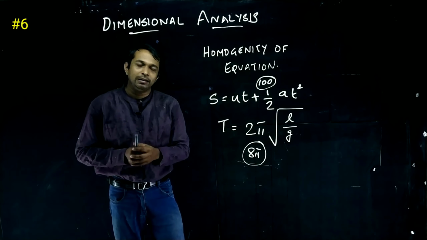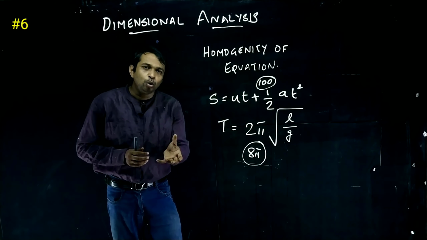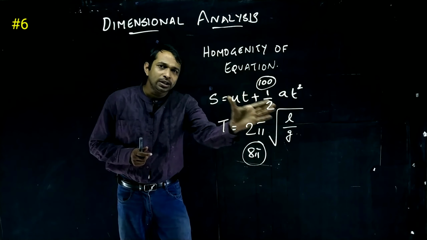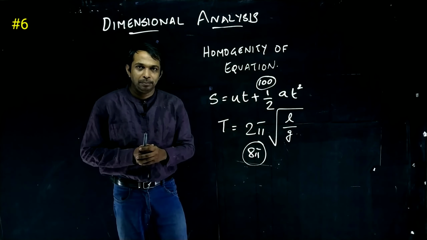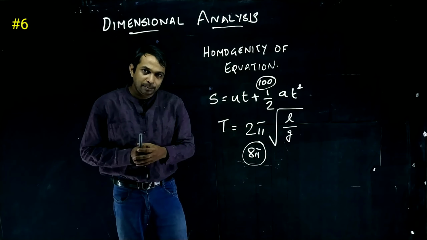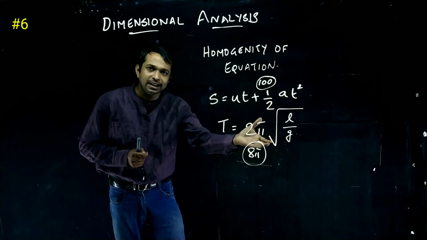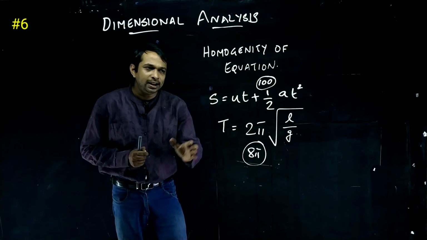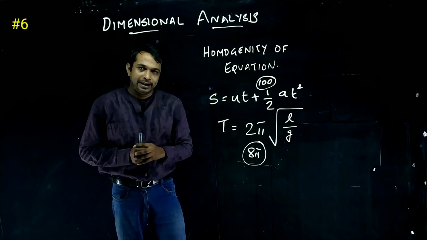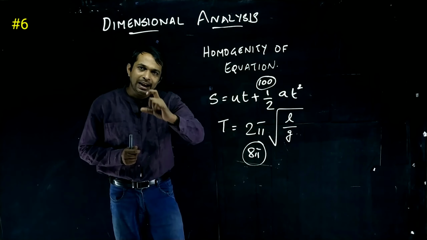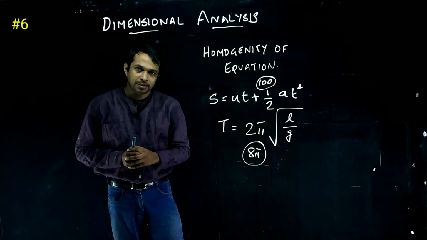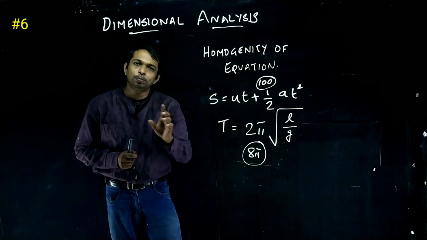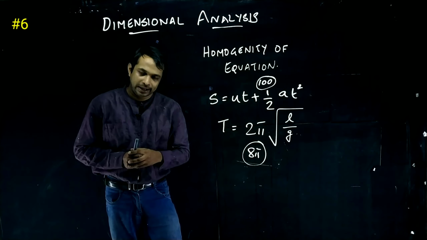So we have to conclude, or this is a rule, that if an equation is right, then dimensionally it will be right. But an equation that is dimensionally correct doesn't tell you that the equation is right. Okay, and this is the last sentence that has been written in bold letters before the example 2.15 in your textbook.